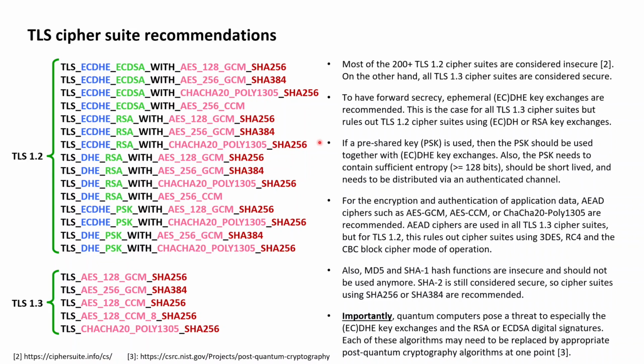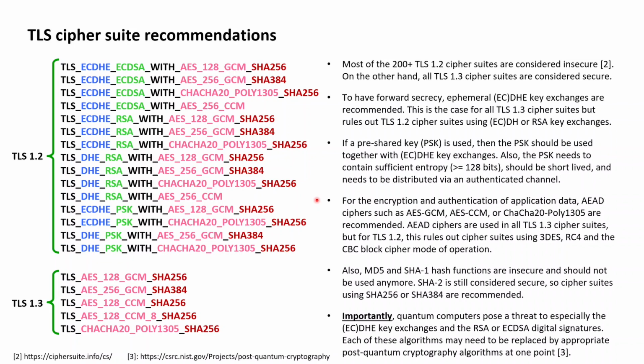Going into the protection of the application data, the Sweet32 attack on TLS made clear that the 64-bit block cipher TripleDES is insecure, and the Lucky 13 attack made clear that the CBC block cipher mode of operation is insecure as well.